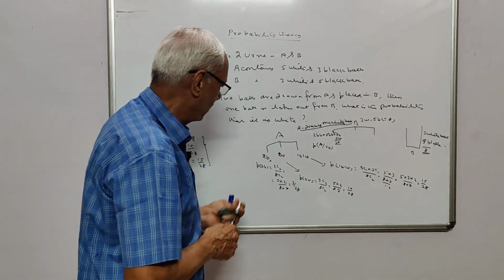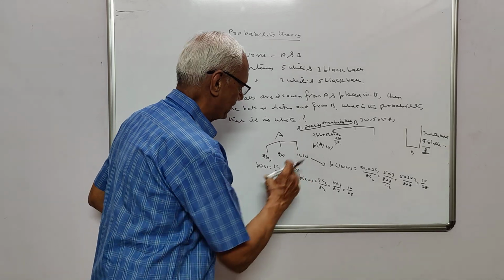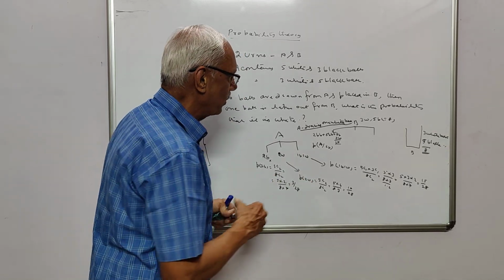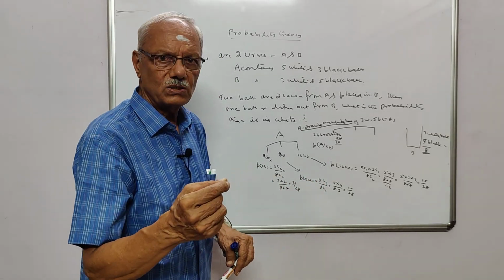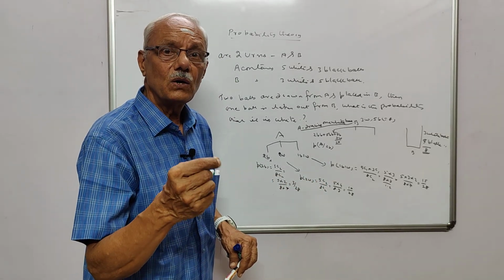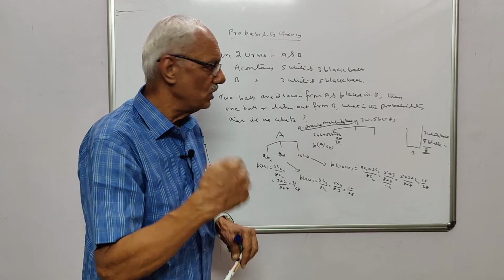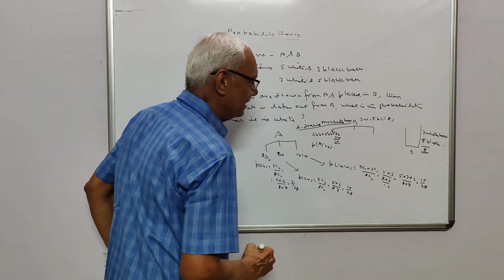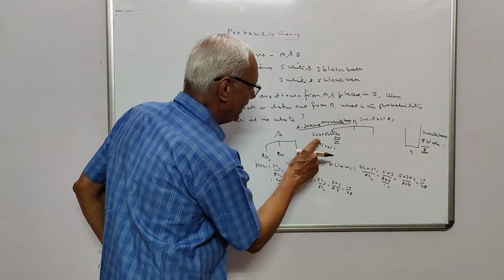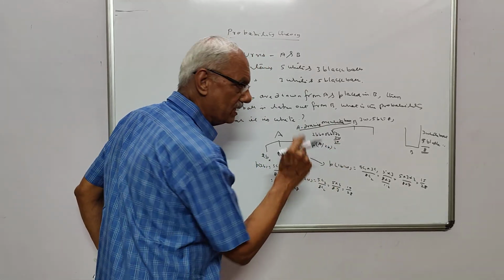Two black balls come, and you take A. A is drawing one white ball. So you see that this will be nothing but, how many balls have come? 10.